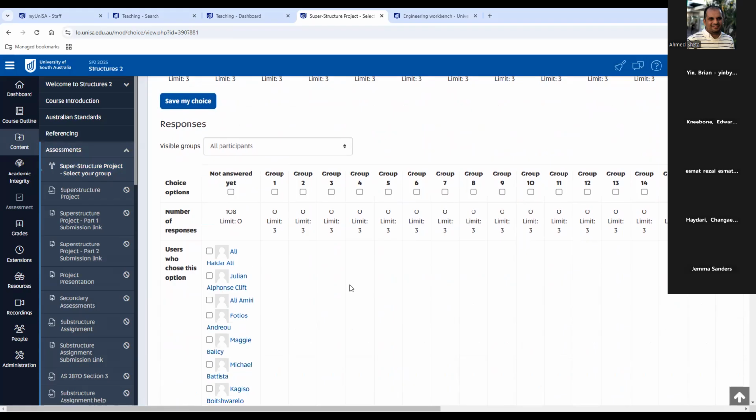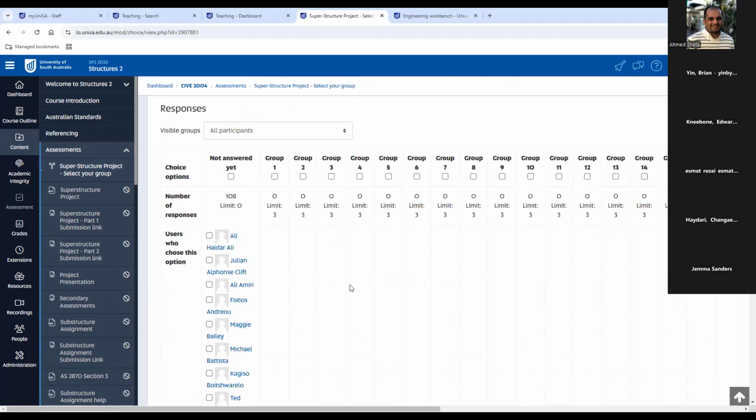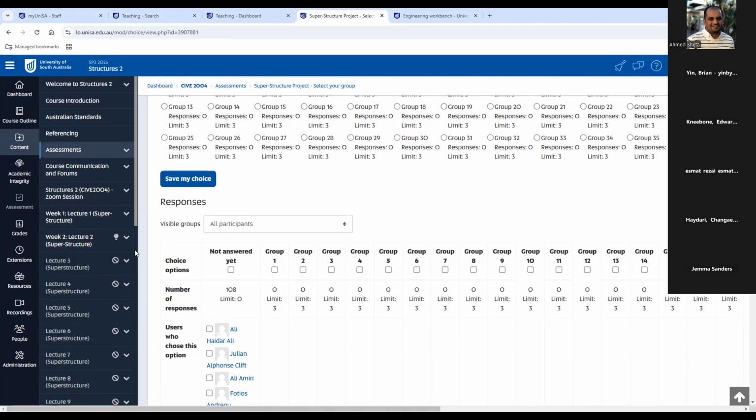We want to finalize the groups by next week. Otherwise, I will add you randomly to the groups. So it is better to arrange with each other, with your friends or people you have already worked with in other courses, to make the group project work smoothly. It is better for you to select the group yourself rather than being added randomly.